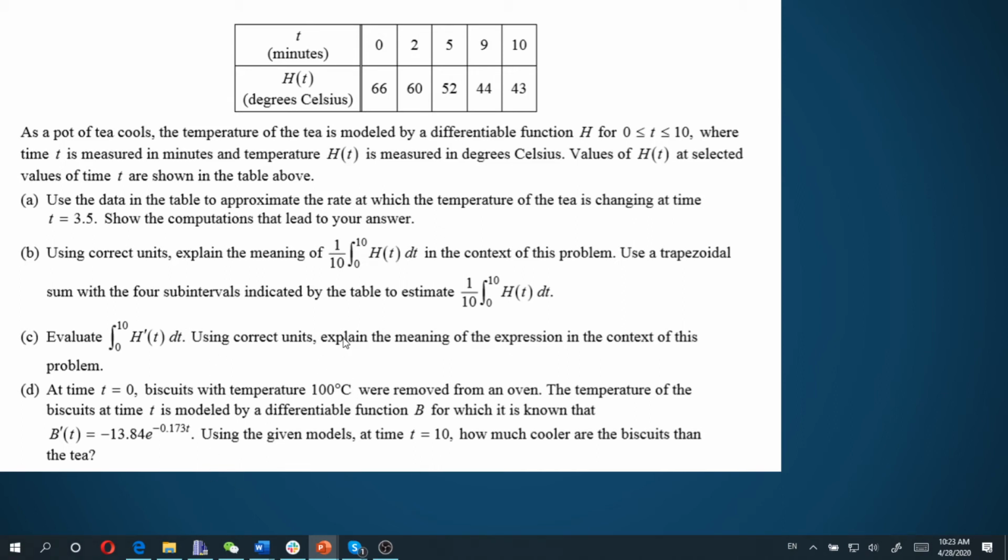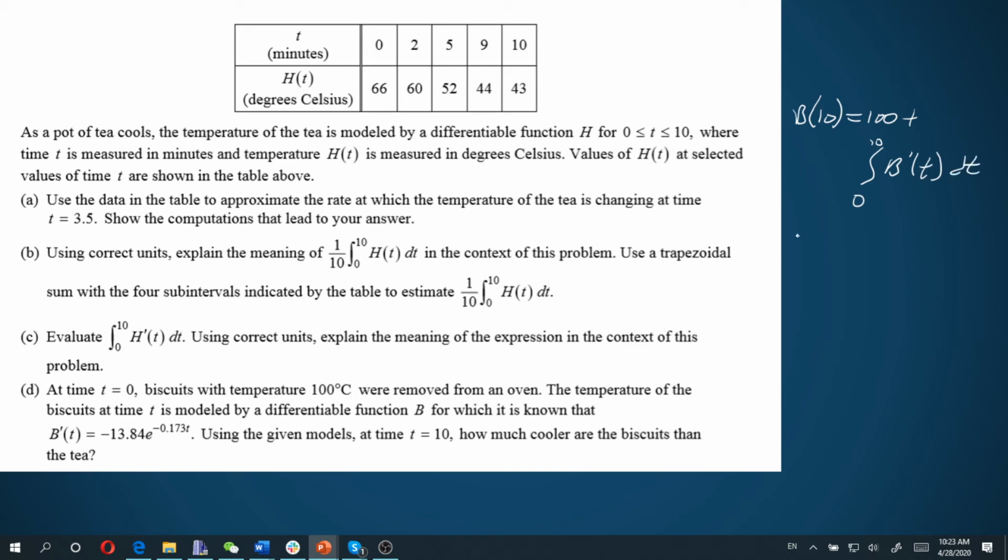So how can we figure out what our b at 10 is? 100 plus the integral from 0 to 10 of b prime of t dt. Perfect. Right. b prime of t dt.